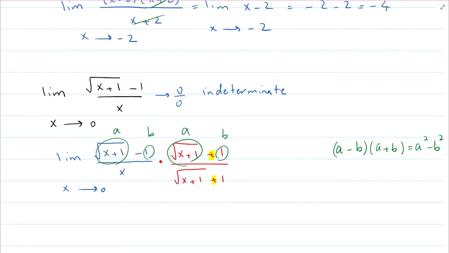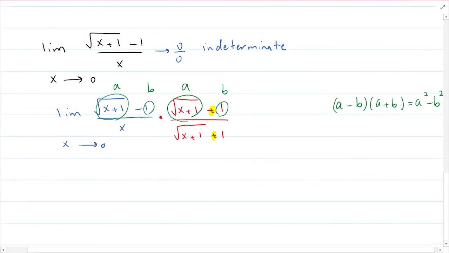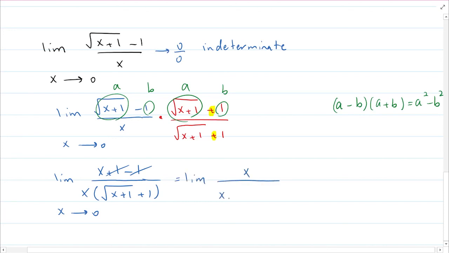So now if I use that identity, I get the limit of the first term to the power of 2, so that just takes away that root, minus b to the power of 2, which is just 1 squared, that is 1, over x multiplied by (square root of x plus 1, plus 1) as x approaches 0. So you see here that these two cancel out, and this gives me the limit of x over x times (square root of x plus 1, plus 1) as x approaches 0.